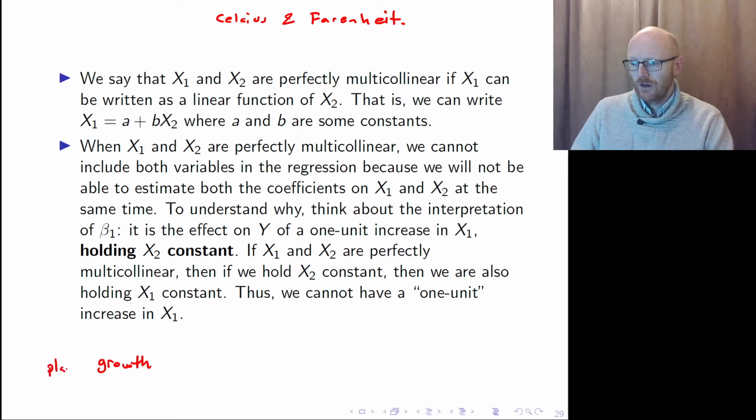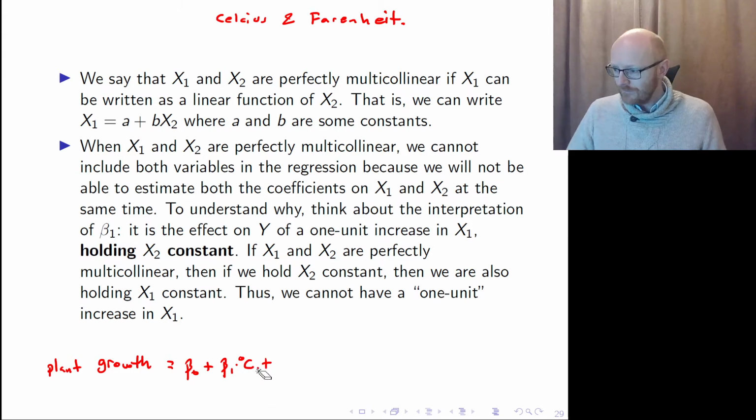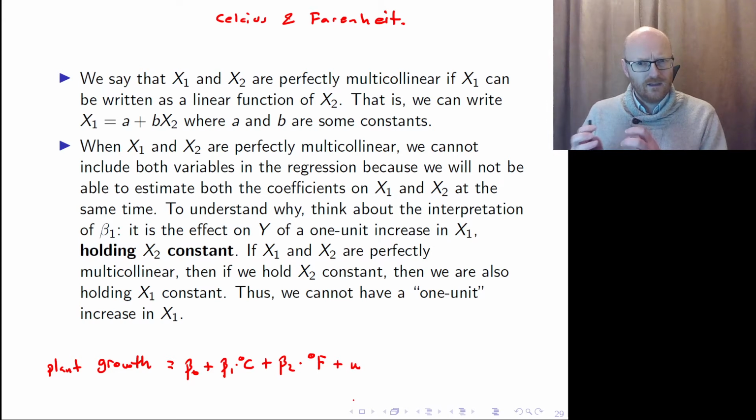Plant growth equals some intercept plus beta 1 times degrees Celsius, plus beta 2 times degrees Fahrenheit, plus a residual containing all the other information that makes a plant grow.